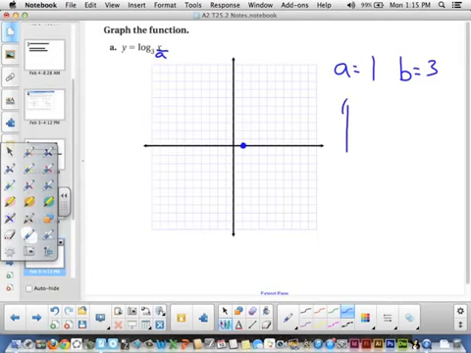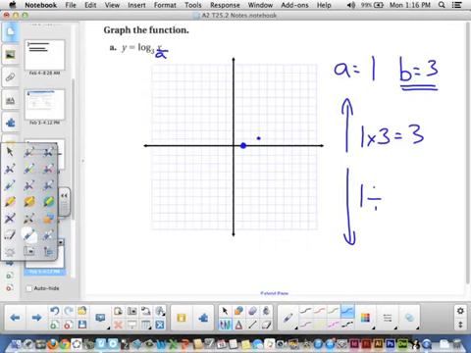As we go up the graph, we're going to multiply by our growth rate. 1 times 3, the next point will be 3. If we go down, it's going to be the reverse of that. We're going to divide by the growth rate. Divide by 3. It'll be 1/3. And then we'll still make the same shape as the exponential. It's just going to be turned. We're going to have ourselves a vertical asymptote at x equals 0.